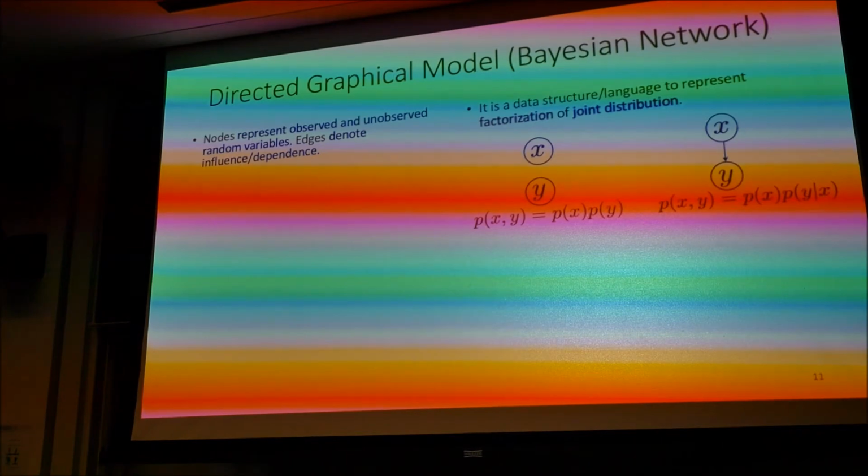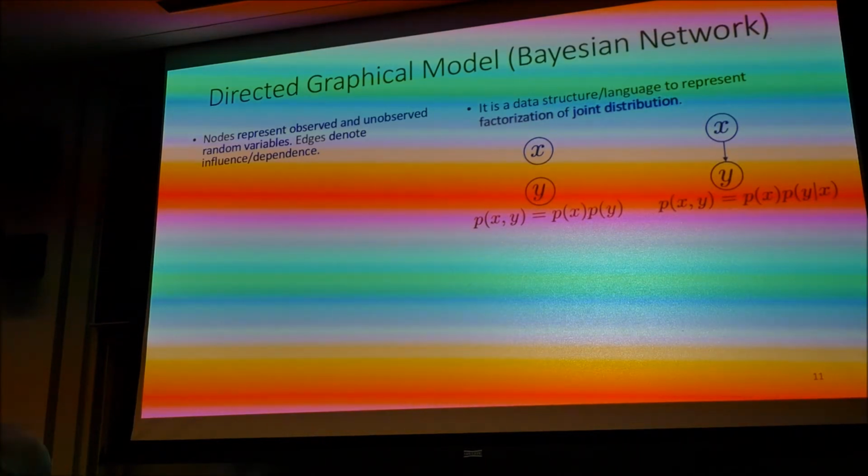So one can view a Bayesian network as a data structure or as a language to encode conditional independence.